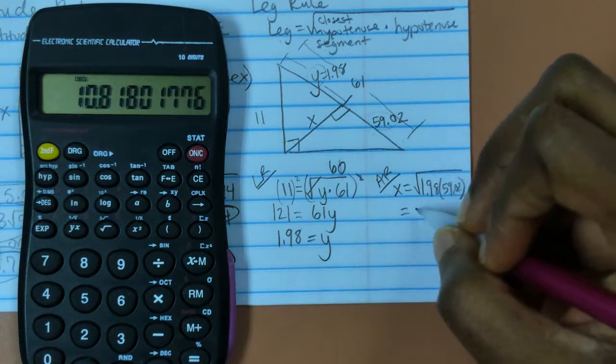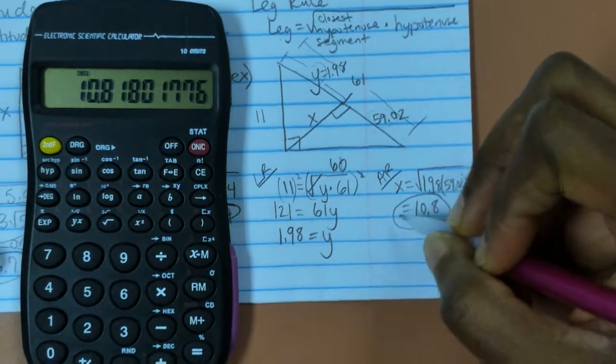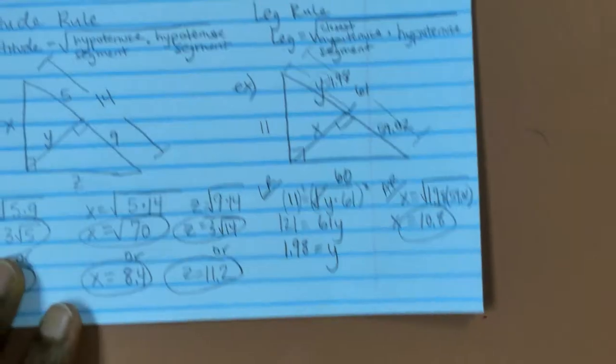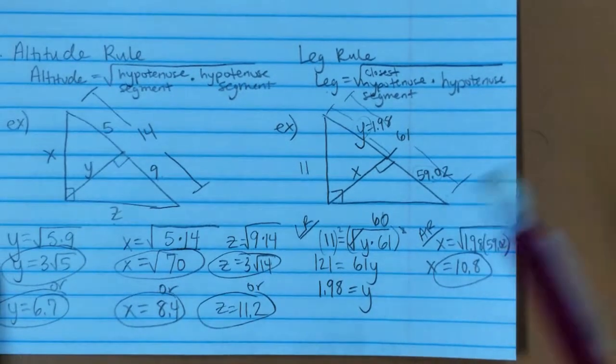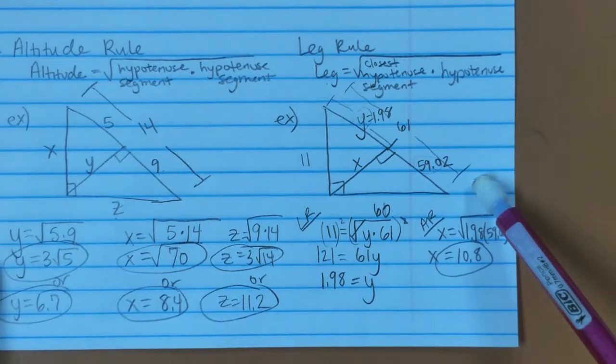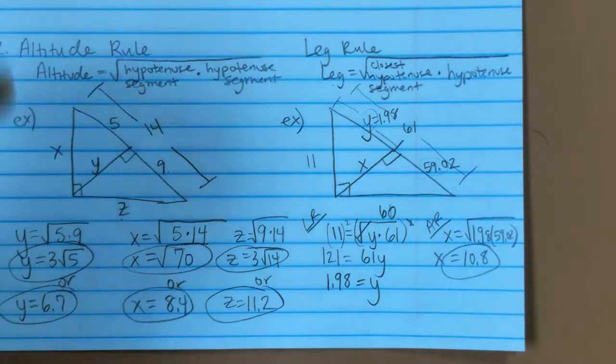So x is about 10.8. So that's how you can use the leg and altitude rule to solve this kind of problem if you prefer those rules versus doing the proportions. You can solve these problems either way.